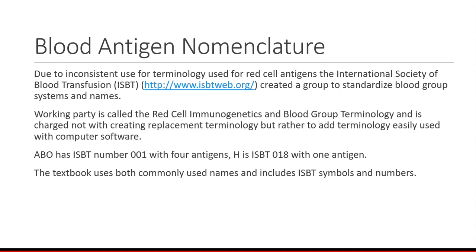ABO has an ISBT number 001 and it has 4 antigens. H is ISBT 018 and has 1 antigen. The textbook uses both commonly used names and includes ISBT symbols and numbers. You are not responsible for memorizing the ISBT nomenclature, but I want you to be aware of it.